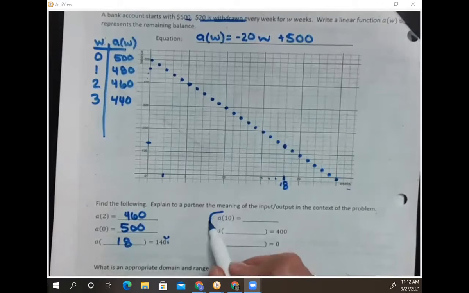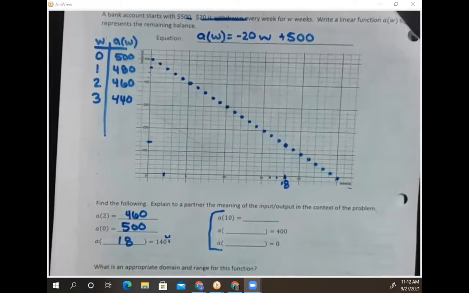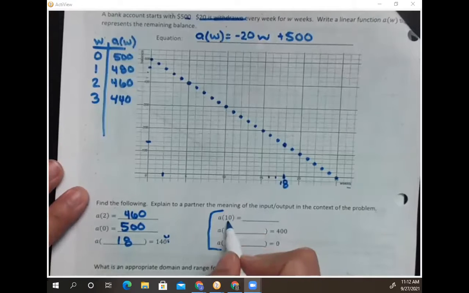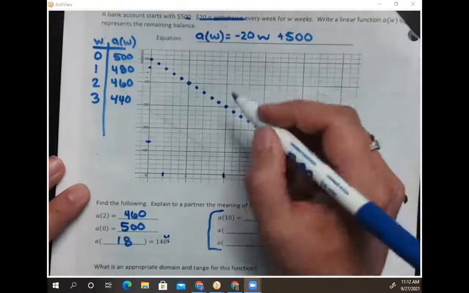I would like you now to try these 3. A of 10 means our x value is 10.